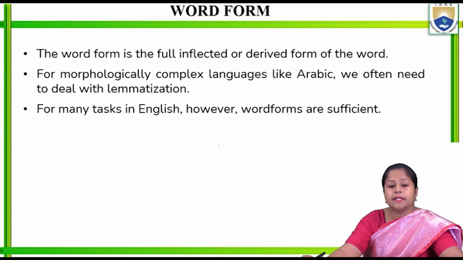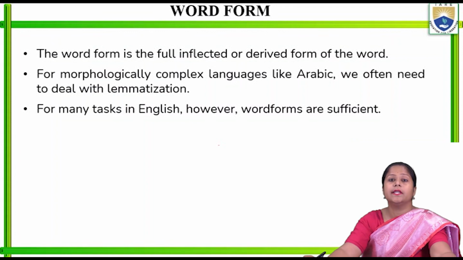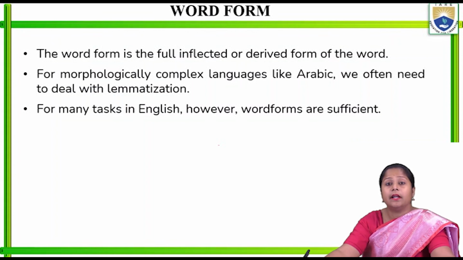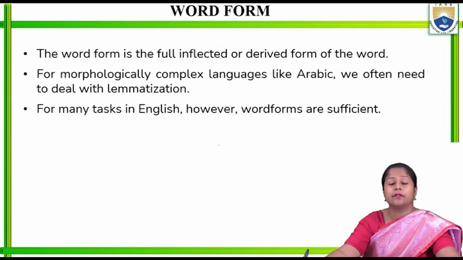So word forms are taken differently for different types of languages. Arabic is a complex language where the same word can be used again and again in different forms, so we need to apply lemmatization to recognize the base words from the inflected and derived words.